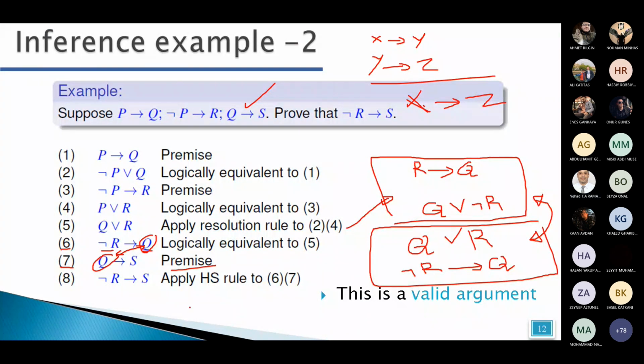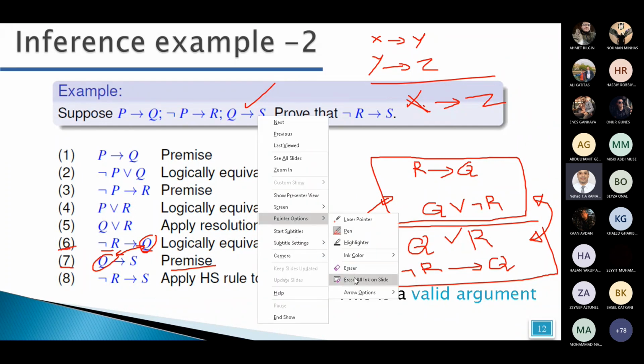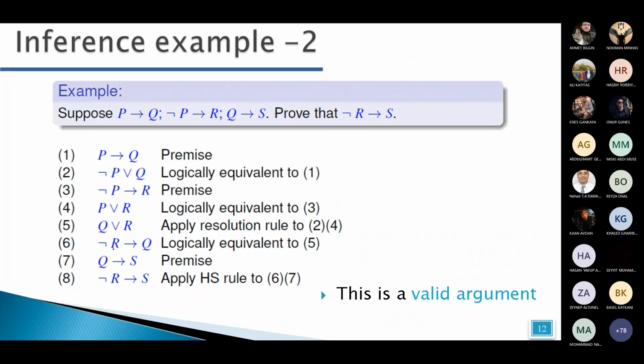We have statement 6 and statement 7. Not R, or anything, implies Q, and Q implies S. These two statements together give us not R implies S. So applying the HS rule to statements 6 and 7, we get not R implies S, and that's what we need.